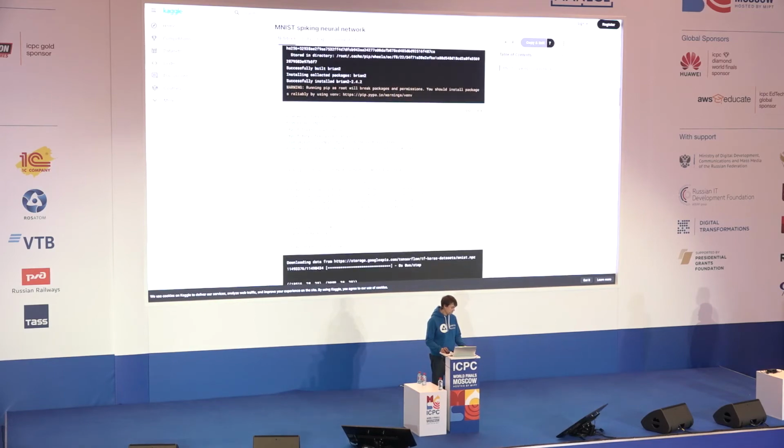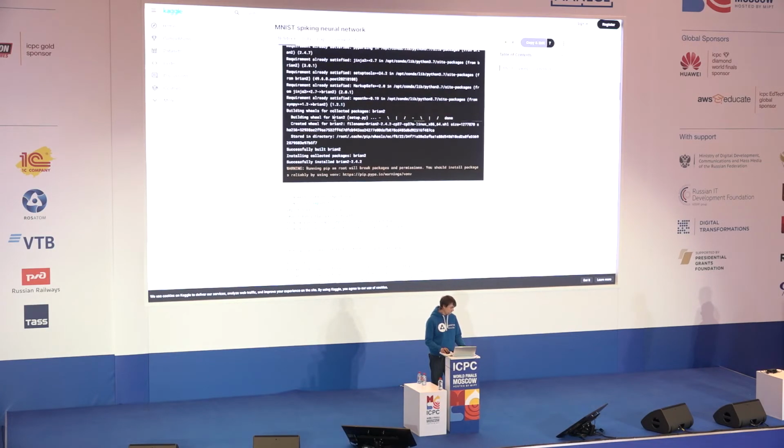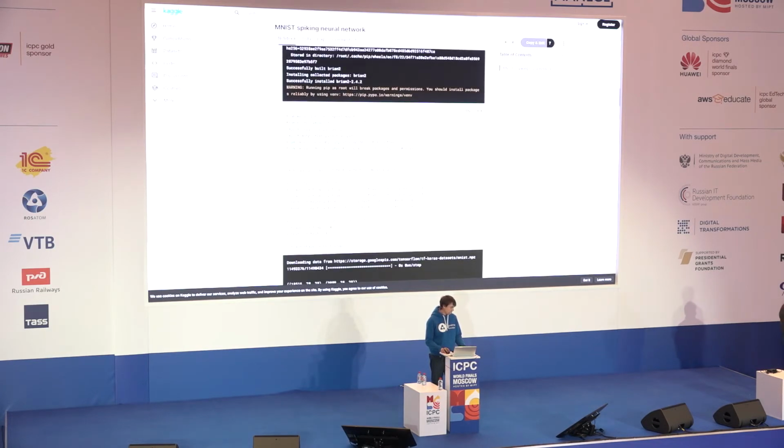At first, we use a special framework called Brian2. It allows us to use primitives like synapses, neuron groups, and Poisson generators, and it allows us to write differential equations in literal form and compute them. Next we use Keras, and we take the MNIST dataset from there.